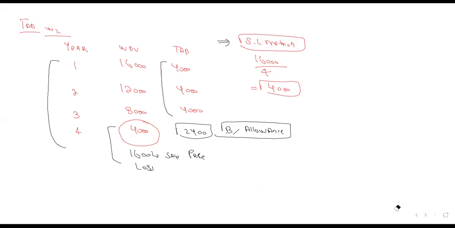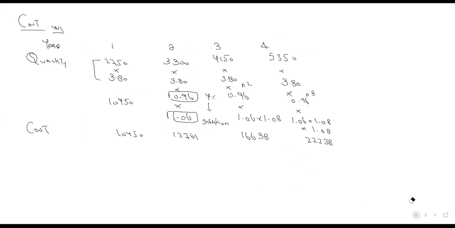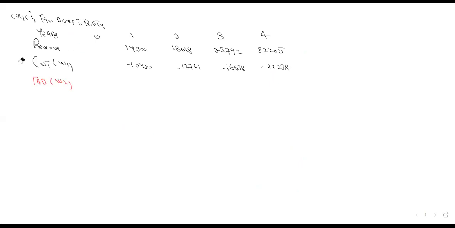So this TAD we will place here. In year 1, 4,000, 4,000, 4,000, and 2,400.